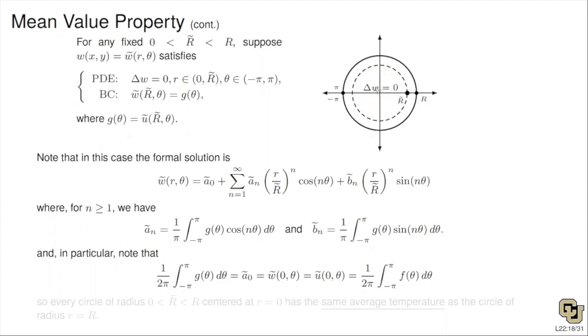And you should kind of think of what's happening as we get closer and closer to the center. I'm not saying the temperature on each circle is the same, just that the average temperature on each circle is the same.